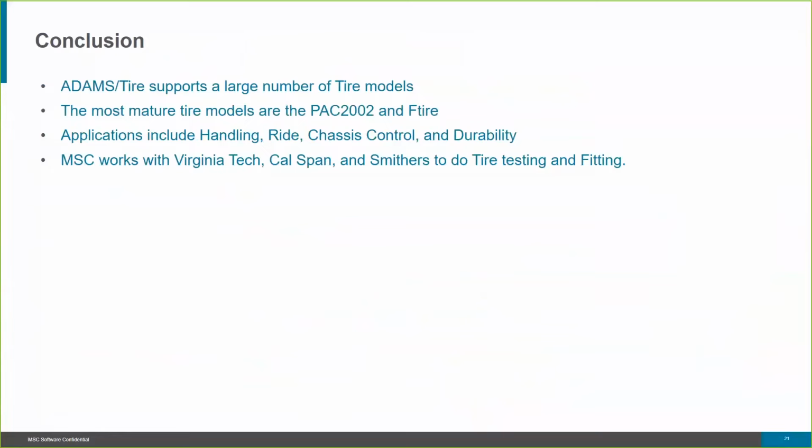And again, one of the things that we can also do as a company, MSC, is work with Virginia Tech, CalSpan, and Smithers to test tires and also do the fitting of the tires within our tools or within the COSIN tools to predict these tire models and get a quick development of tire models and vehicle dynamics models to impact their designs in the simulation world and also in the physical world.